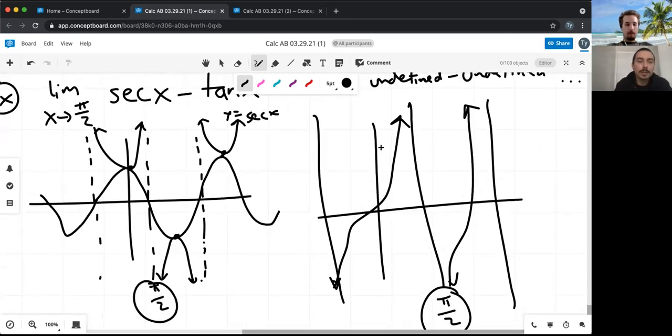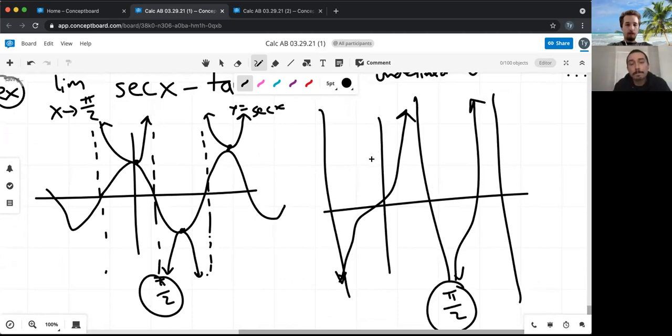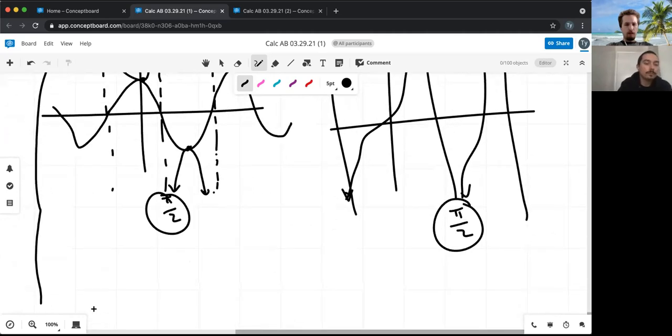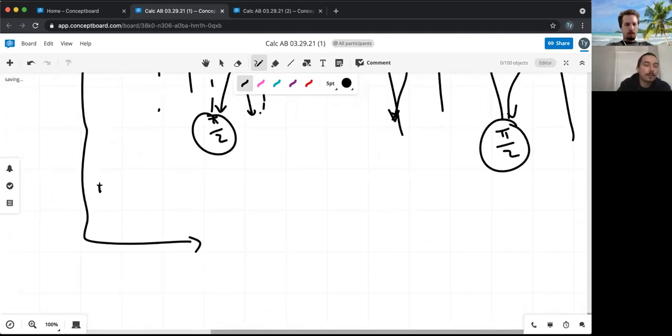What do? Well, we try to put it into a form that we can use L'Hopital's rule with. Rearrange, try to use L'Hopital. This is our strategy.